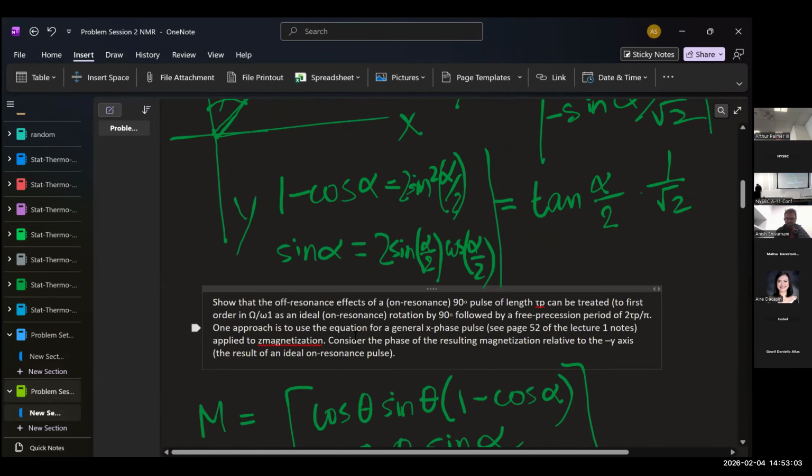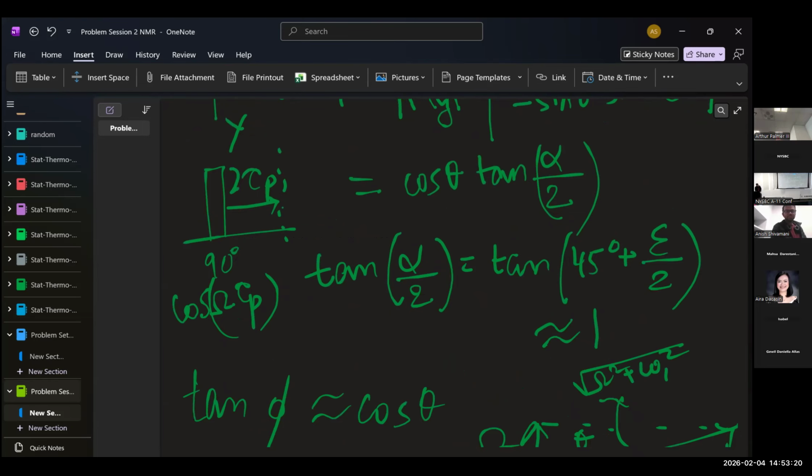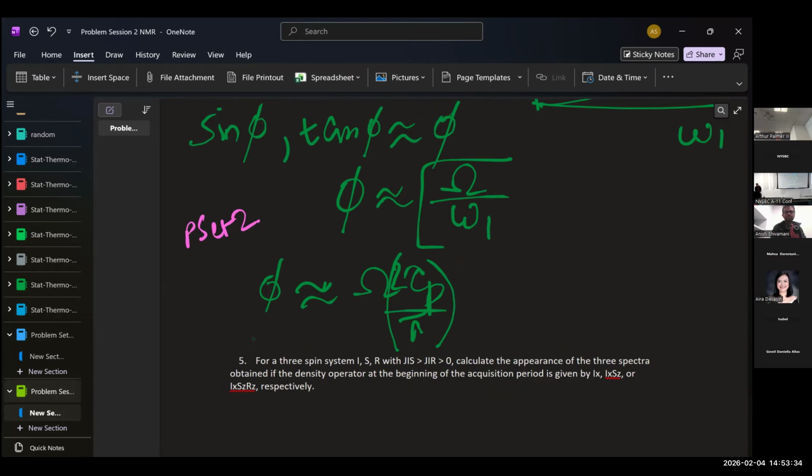The question was the probability of resonance effect of a 90-degree pulse when tau p can be treated to first order as an on-resonance rotation followed by a free precession period of 2 tau p over pi. That's one. Then this becomes that, right? Now is this the same as this?